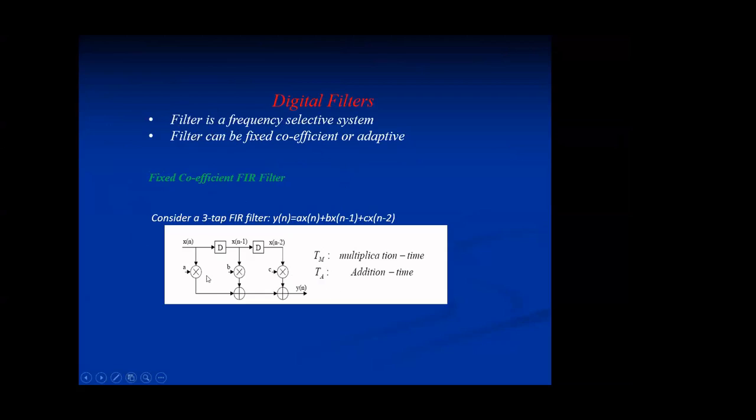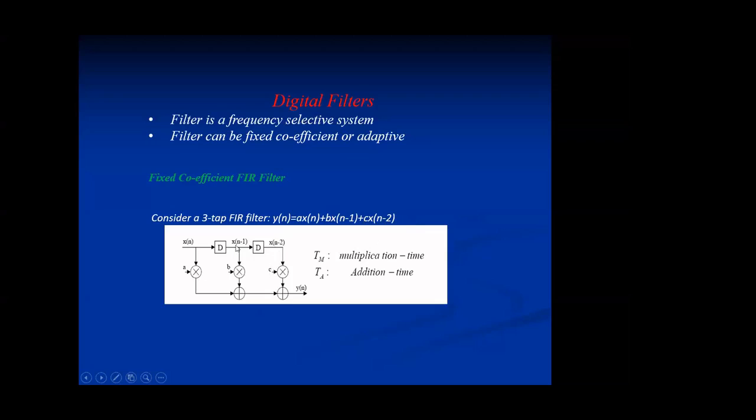If I take the basic fixed coefficient filter, any digital signal processing system can be constructed using three basic elements: adders, multipliers, and delay elements. If I take a 3-tap or 3-coefficient FIR filter, the expression for the output y of n is a times x of n plus b times x of n minus 1, the previous sample passed through the delay, then c times x of n minus 2.